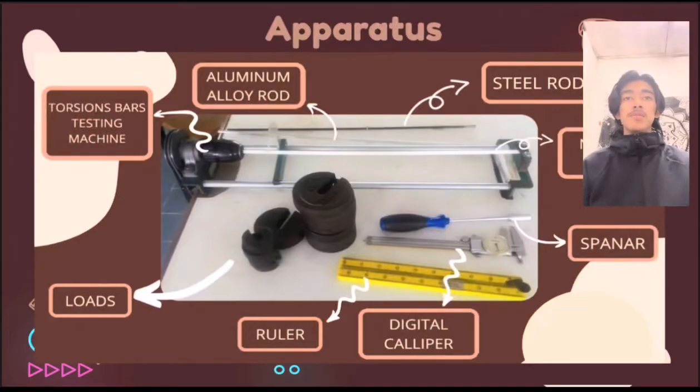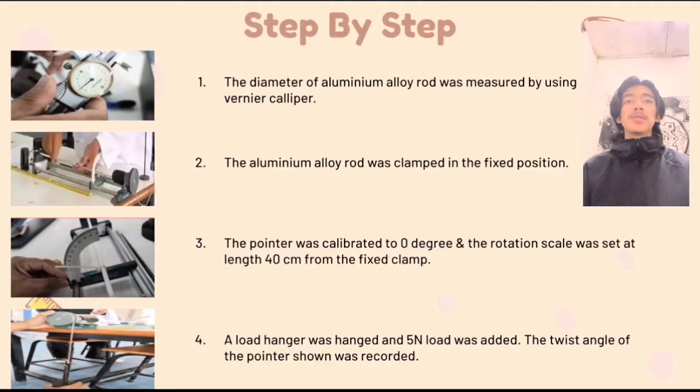Now I will present the methodology of this experiment. The apparatus we use in this experiment is a torsion bar testing machine, aluminum alloy rod, steel rod, nylon rod, spanner, digital caliper, ruler, and load. Step by step: the first is the diameter of the aluminum alloy rod was measured using a vernier caliper.